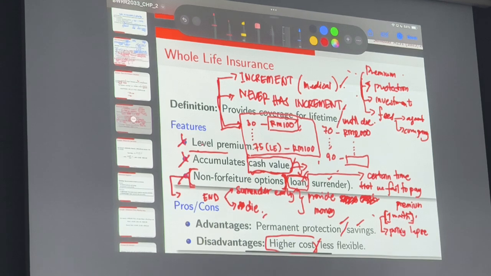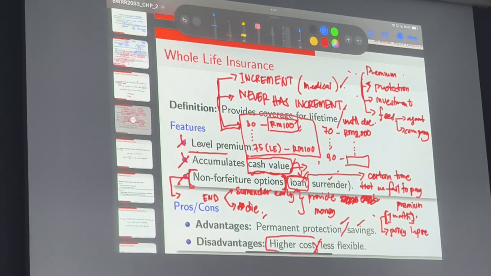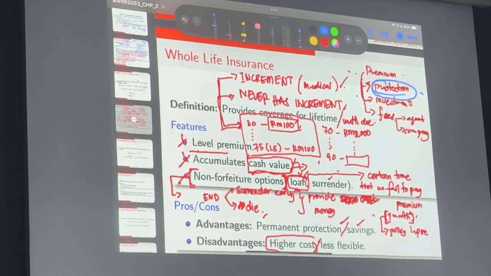Term just now is just for protection only. Compared to term life insurance, this one is less flexible.